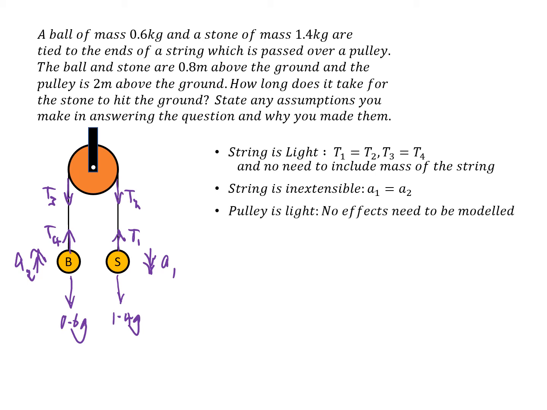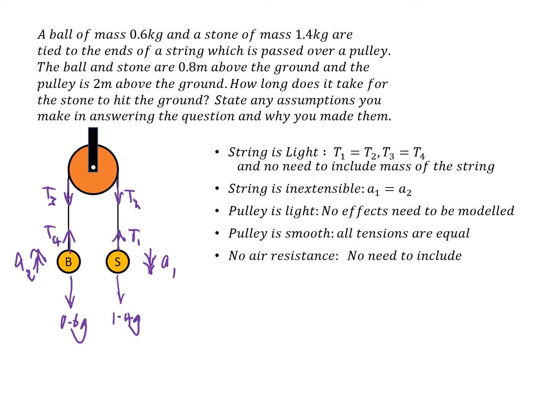We also assume that the pulley is light, so we don't have to model any effects of the pulley having its own mass, which is a nice simplification. And that it's smooth. So the tensions on one side of the pulley are the same as on the other side. All the tensions are equal.